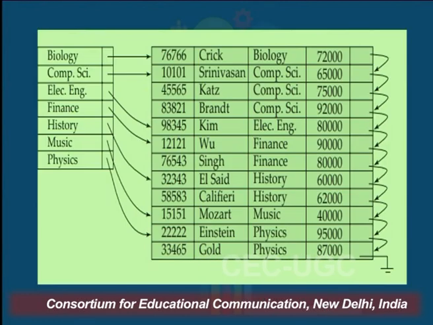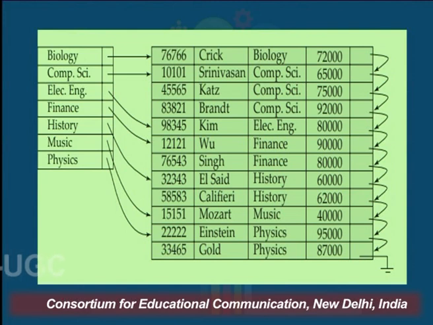Now, if you can see on the screen, we have one more example of a sparse index. This index is not according to faculty ID; the search key here is the subject, and please notice the actual relation.